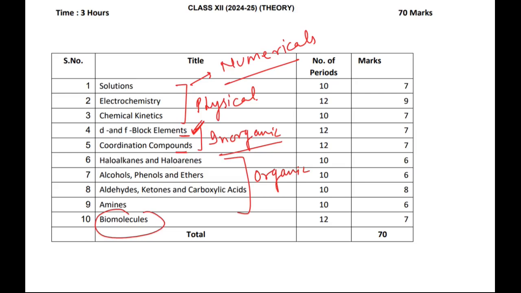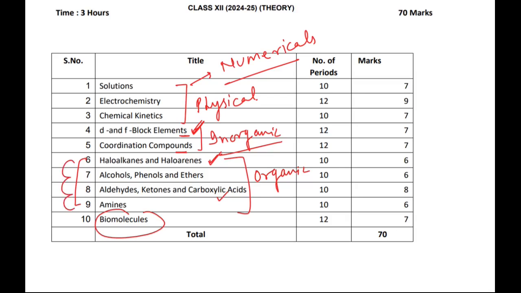So your main organic chapters are these four. These four chapters are something where you cannot say that we will just do the first chapter of organic and the third chapter of organic, and leave the next two chapters. No, all these chapters of organic are interrelated. Always remember these are interrelated chapters.